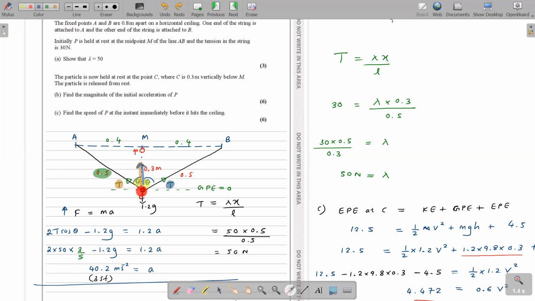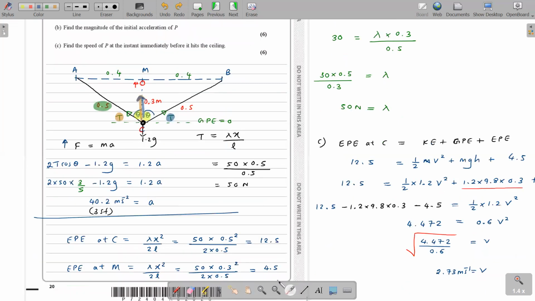And the particle is released from rest at point C, so there's no kinetic energy, and there's no potential energy because I marked the GP zero level here. So the only energy I have at C is the elastic potential energy, because the string is stretched and the string provides the elastic potential energy.